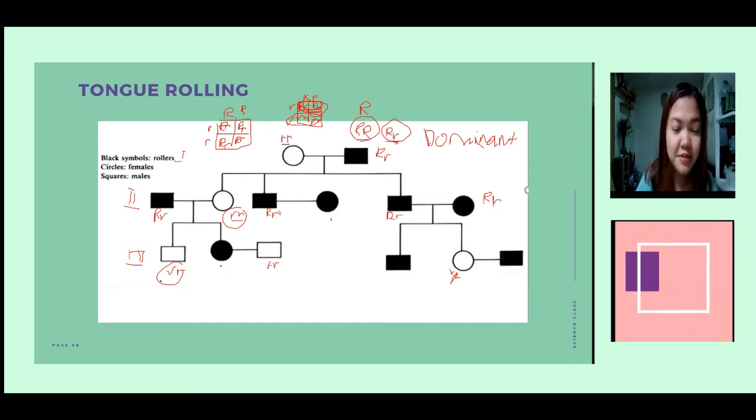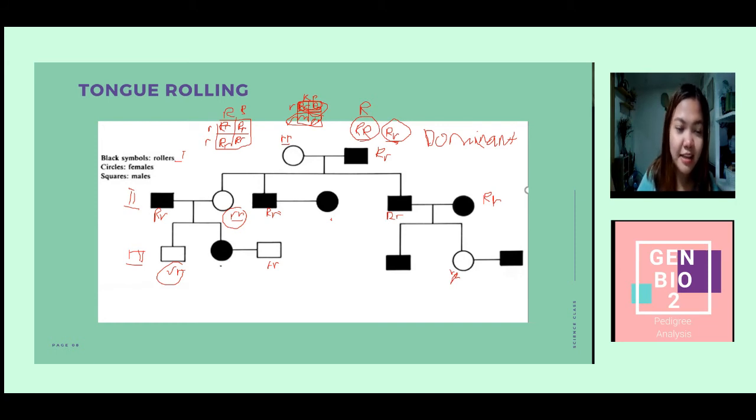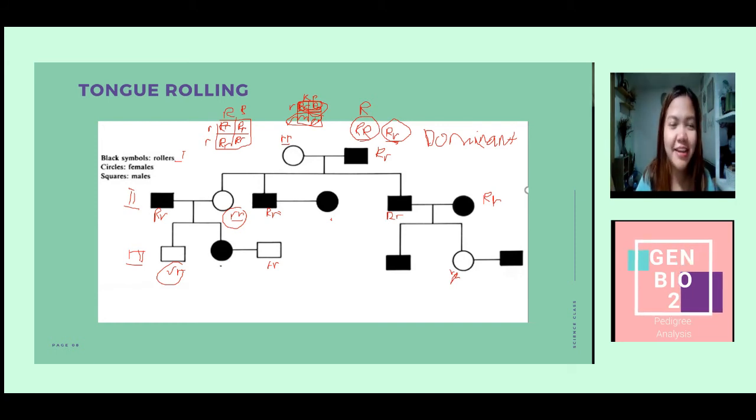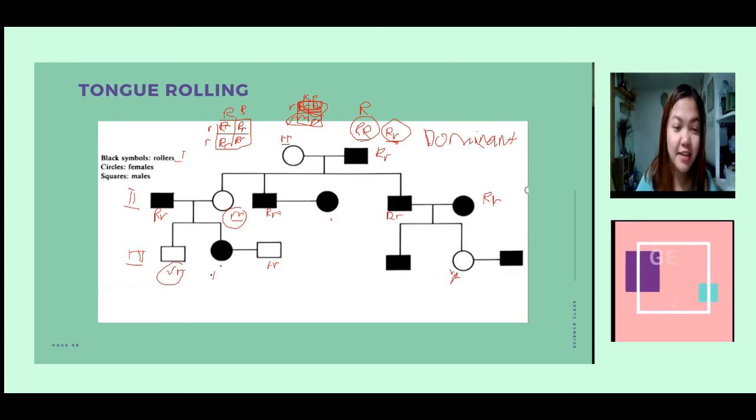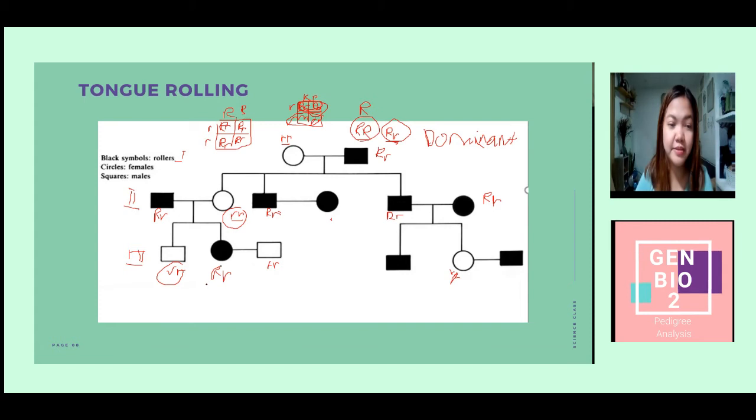Okay, so ito naman, para malaman natin, the genotype of this individual is hetero din. Kasi nga pag pinag-cross mo both parents, where 50% of it is affected. So here, we're not sure pa if it's hetero or homo. So, like that.